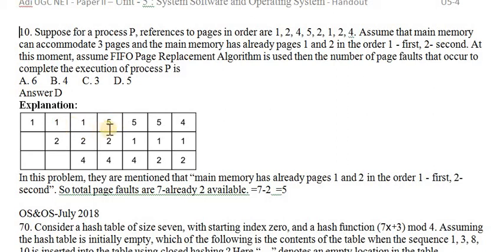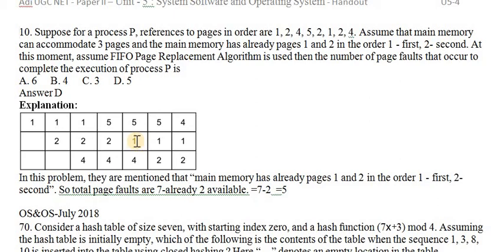Next 2 is coming, 2 is already there, and then 1 is coming. So now where do you want to replace? Actually 2 was placed very early, so this is the longest time, so we are replacing this 2 by 1.